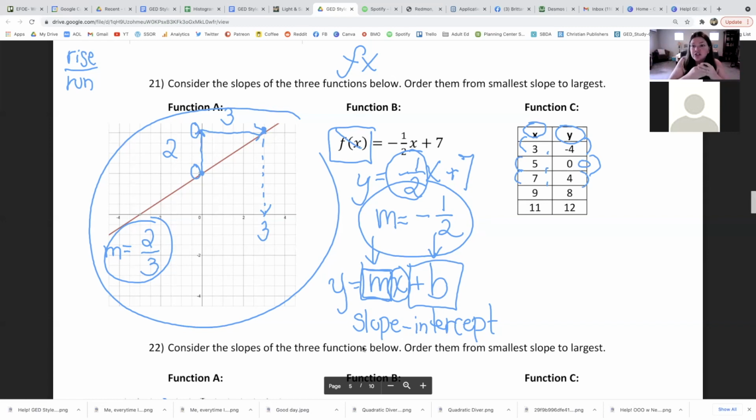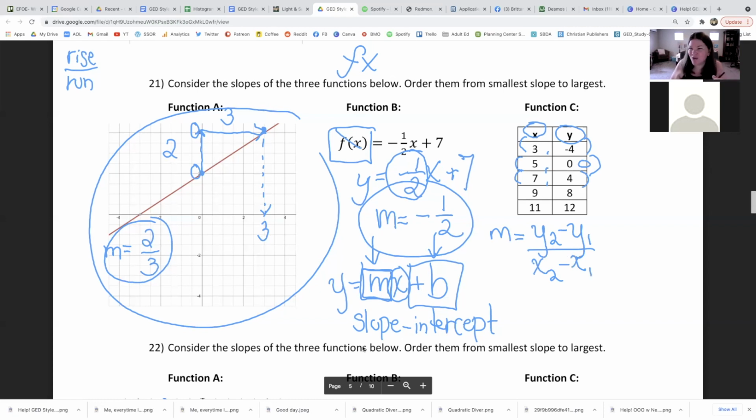When you're finding slope from points, the easiest way to go is to use the formula. There is a slope formula on your GED sheet. The slope formula says to find slope, you do the change in y's, like I said, you subtract two y values from two different points, over the change in x's. It's just like rise over run.